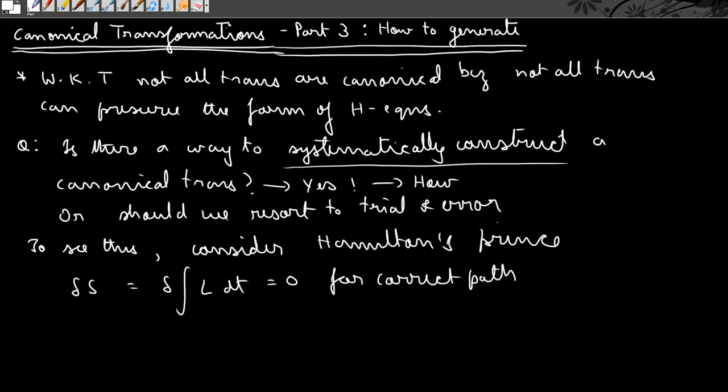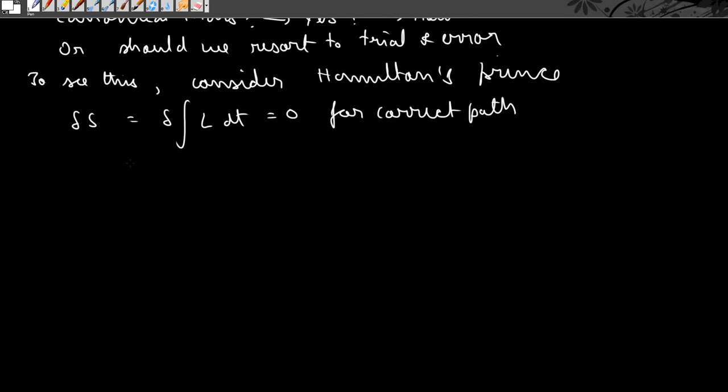Now, if we write it in terms of the Hamiltonian formulation, this simply becomes the variation of the integral of (p q dot minus H) dt, which is equal to 0.